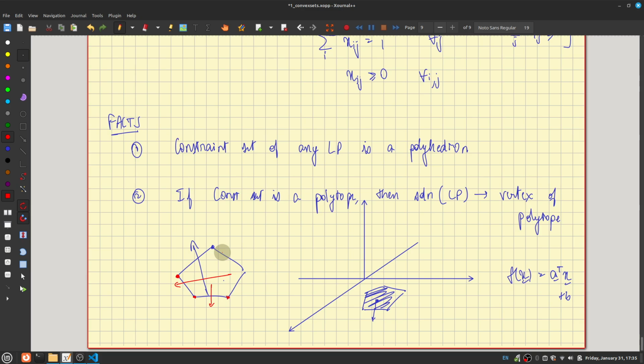So take any linear program, as long as your constraint set is bounded, the solution will always be, of course, either it could be an edge potentially, but in general, it's going to be a vertex. There will be one vertex which achieves the maximum function value. Okay? That's a special property of a linear program. That's one thing.